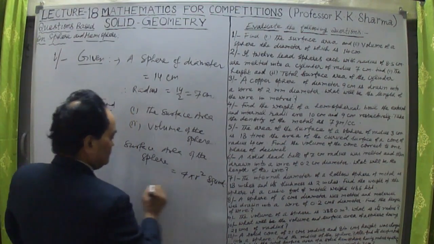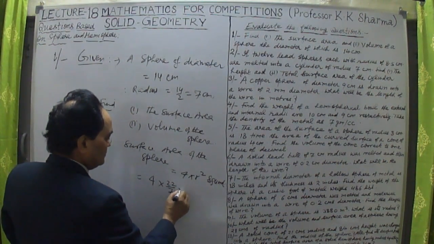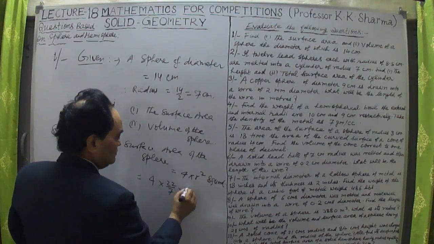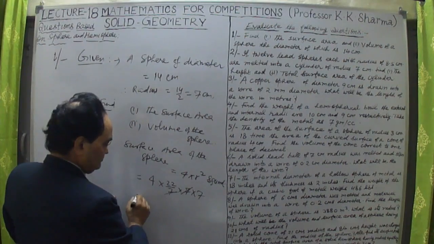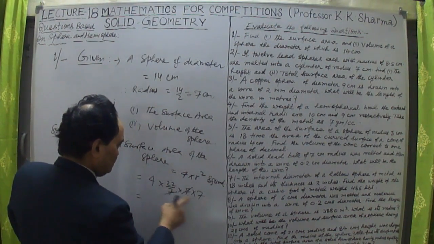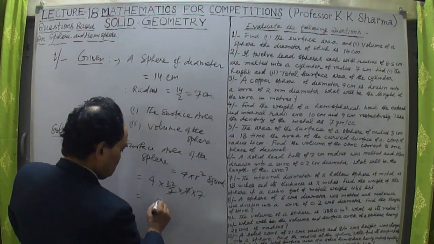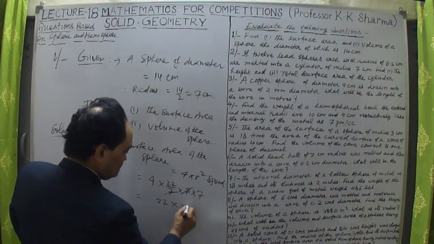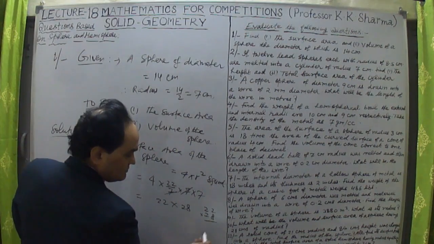This is the formula. Put the value: 4 into pi means 22 by 7, r means 7, so 7 into 7. One 7 is cancelled out, so 7 into 4 is 28. So 22 into 28. Let me multiply 22 and 28.